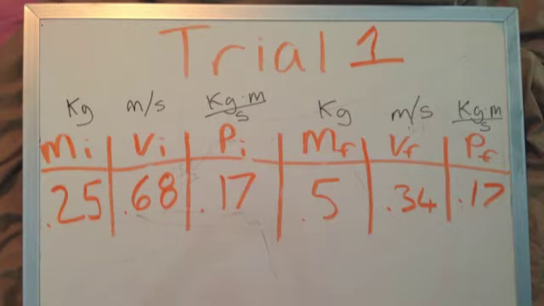For trial 1, the mass was 0.25 kilograms and the velocity was 0.68 meters per second. The momentum was 0.17 kilograms times meters per second. When they collided, the combined mass was 0.5 kilograms, the velocity was 0.34 meters per second, and the momentum was 0.17 kilograms times meters per second.